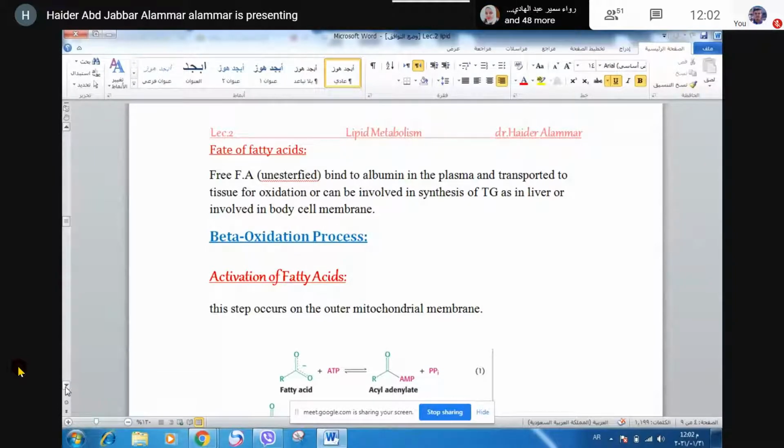In the chylomicron the triglyceride mainly comes from the dietary source, while in the liver the triglyceride is synthesized by the liver and incorporated in the very low density lipoprotein. Or the free fatty acid is involved in the body cell membrane, because the bilayer cell membrane is mainly made from lipid in the form of phospholipid and cholesterol ester, and both of them contain fatty acid.